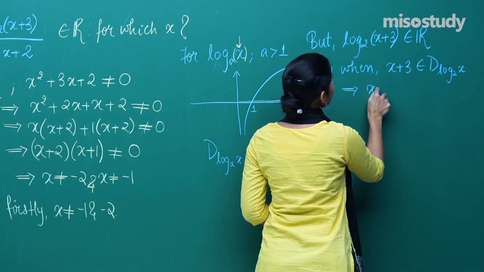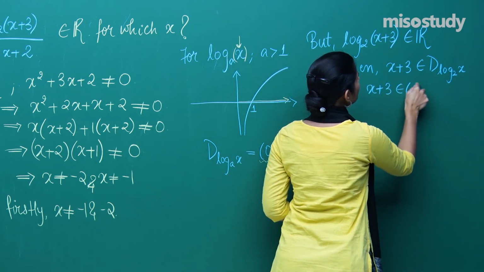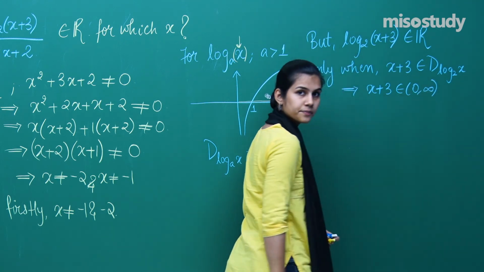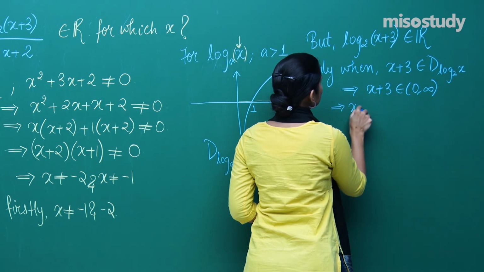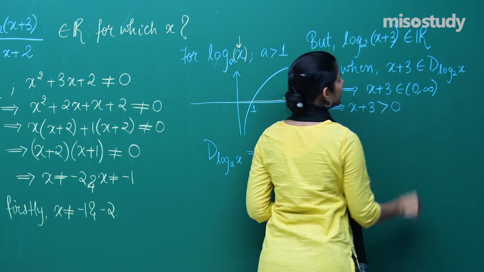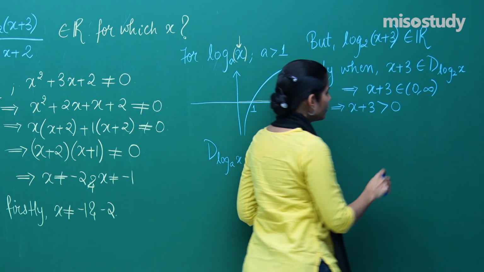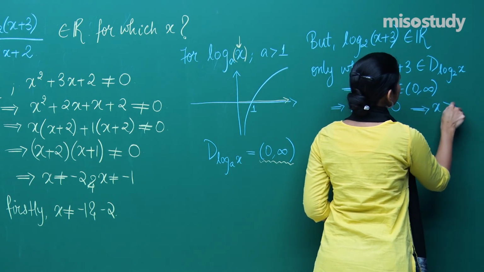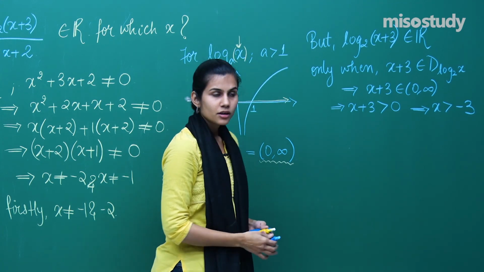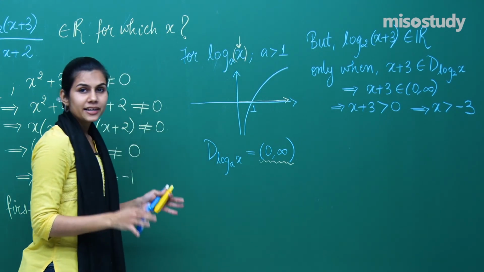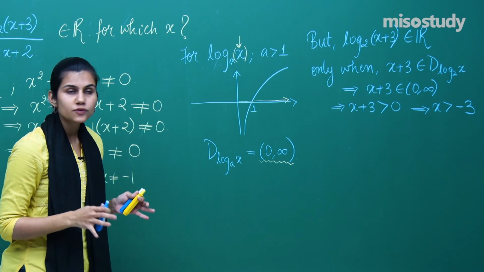Which implies x plus 3 should belong to (0, infinity), because that is the domain of log. Which implies x plus 3 has to be strictly greater than 0, which implies x has to be strictly greater than minus 3. So, both numerator and denominator are giving me conditions for x.